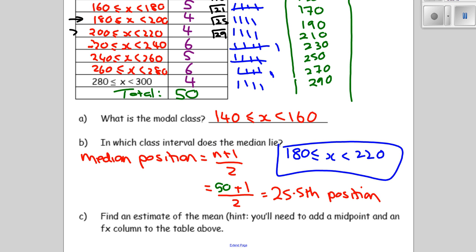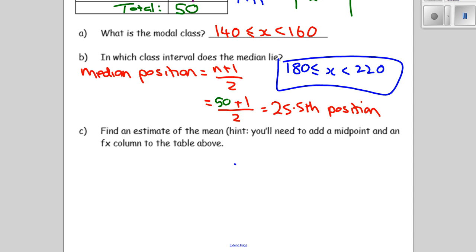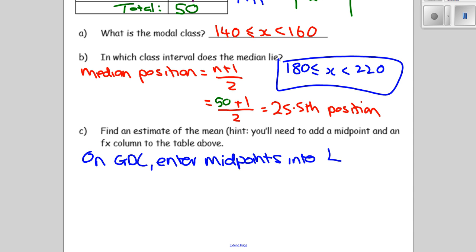What would you enter into L1? Yeah, the midpoint. Right, on the GDC, enter midpoints into L1 and frequencies into L2.